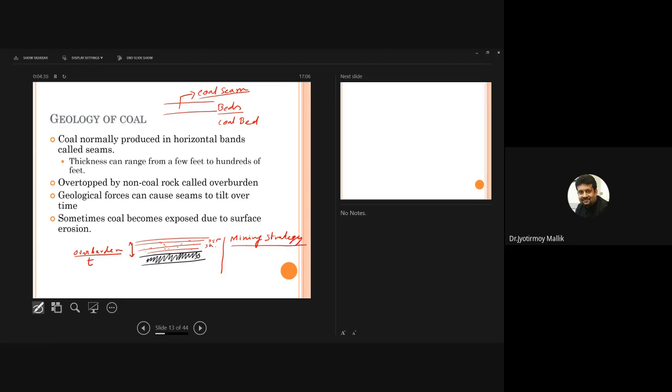Suppose the thickness of the overburden is around, say, 20 to 50 meters, it's not very thick. Then what you can do is altogether remove this overburden, just by digging it out.